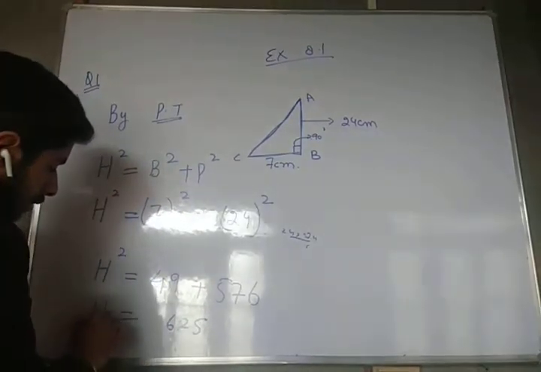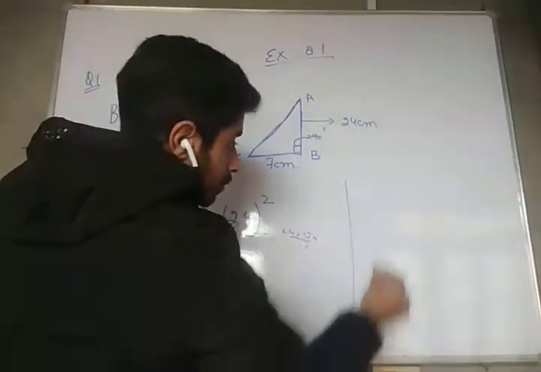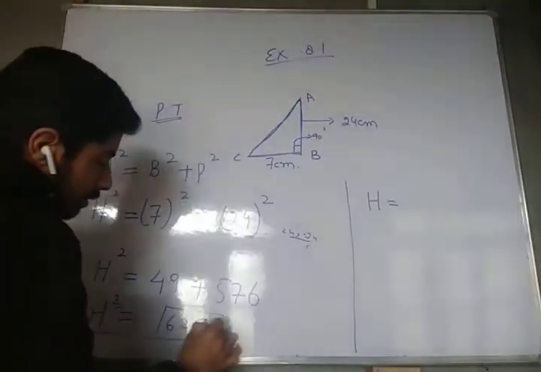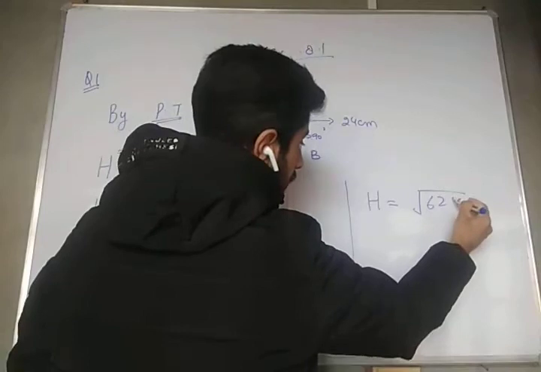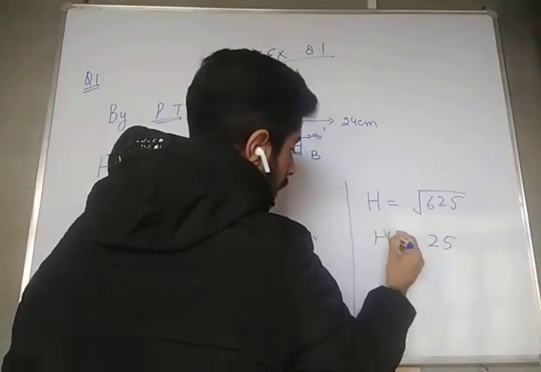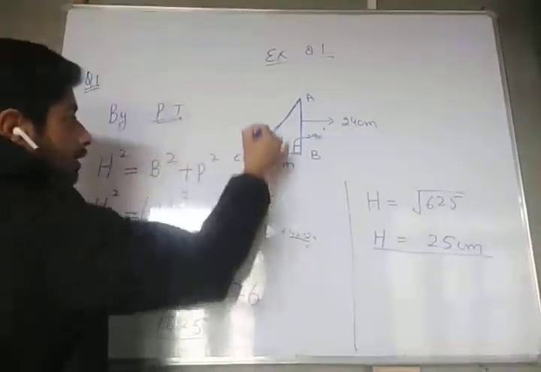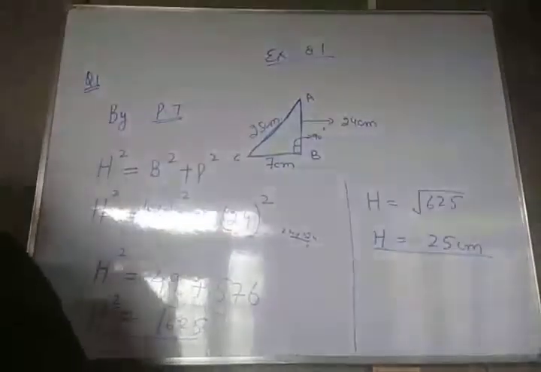That means hypotenuse square is 625. So hypotenuse will be equal to the square root of 625, that is 25. So hypotenuse is 25 centimeter. So we got this hypotenuse, it is 25 centimeter.